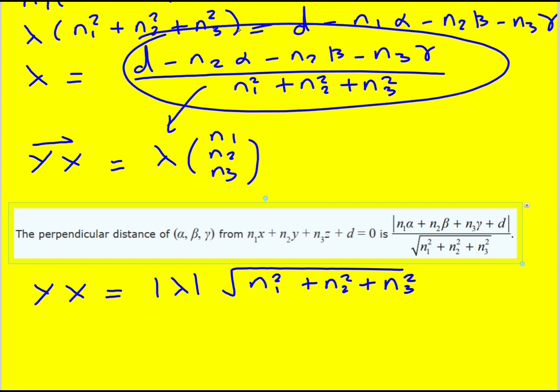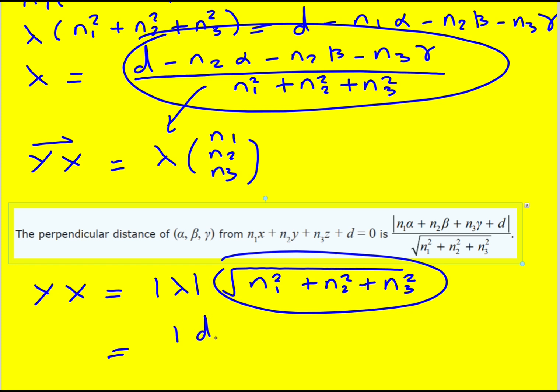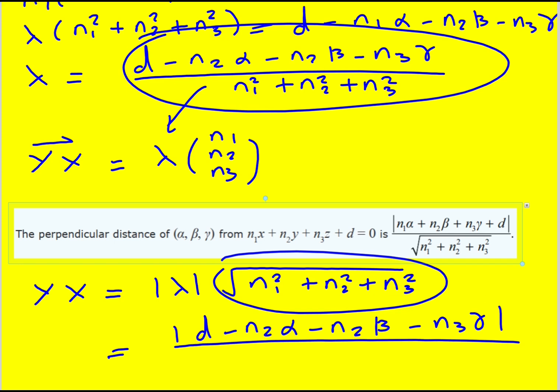And if I multiply this and this, then it will end up being the modulus of d minus n1 alpha minus n2 beta minus n3 gamma, all over the square root of n1 squared plus n2 squared plus n3 squared.